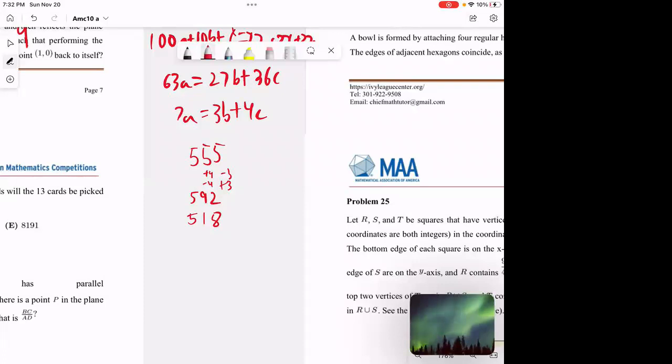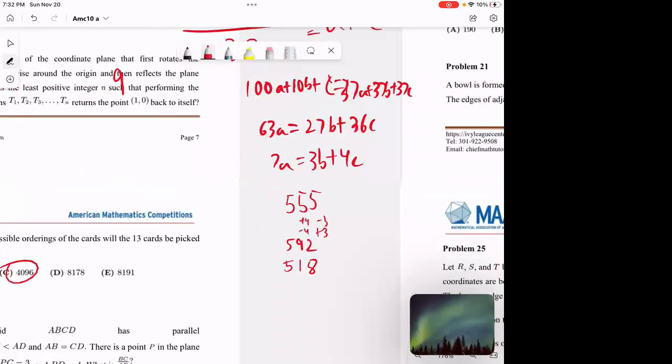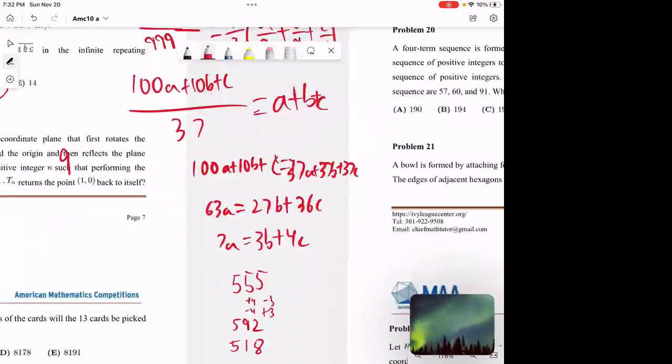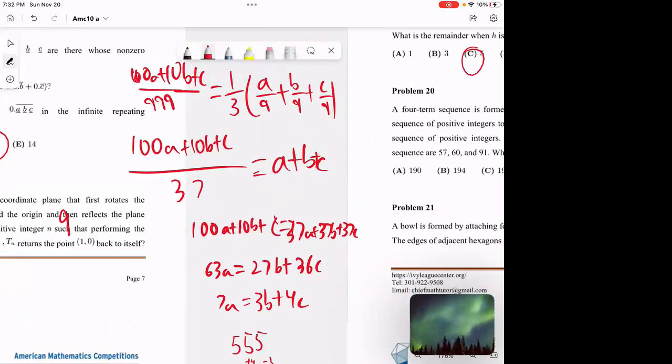How did you get 37? Let me see. Oh, I just did 999 divided by, sorry, I didn't see your question earlier. But yeah, I just multiplied each side by 27, right? So that just gives me 999 divided by 27, because we multiplied 27 on each side.